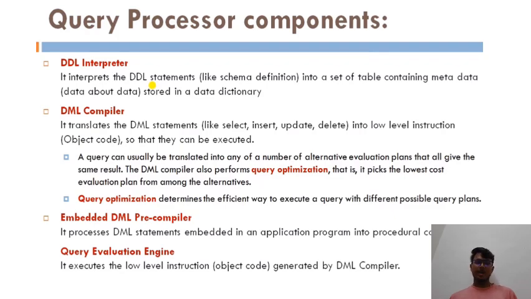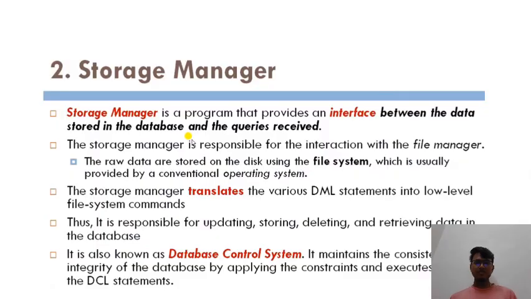DML compiler: it translates DML statements like select, insert, update, delete into low-level instructions, object code, so that they can be executed. Now the embedded DML pre-compiler: it processes DML statements embedded in application programs.